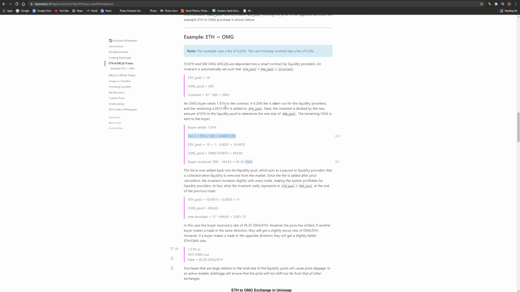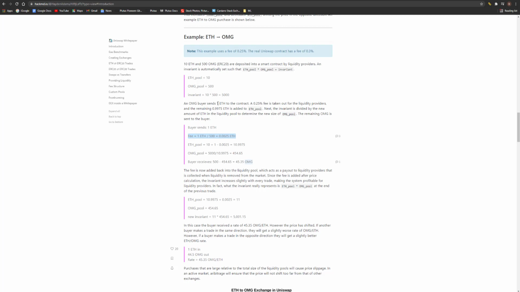So let's say you have a pool that has 10 Ethereum tokens and 500 OMG tokens. You multiply them out, and this is what they call the invariant, that little constant that we talked about. So 5,000 is the key number. An OMG buyer, somebody who wants OMG, they add 1 Ethereum to this side, and then what happens is a 0.25% fee is taken out.